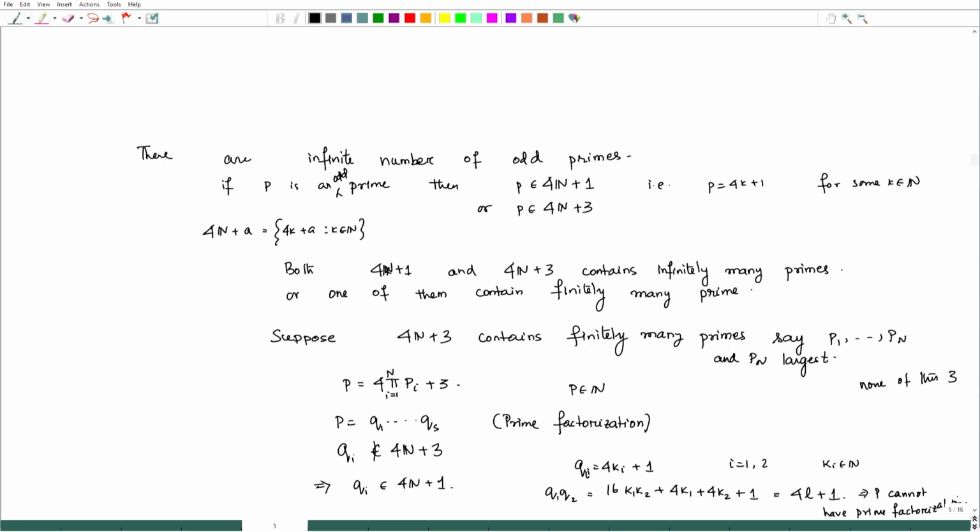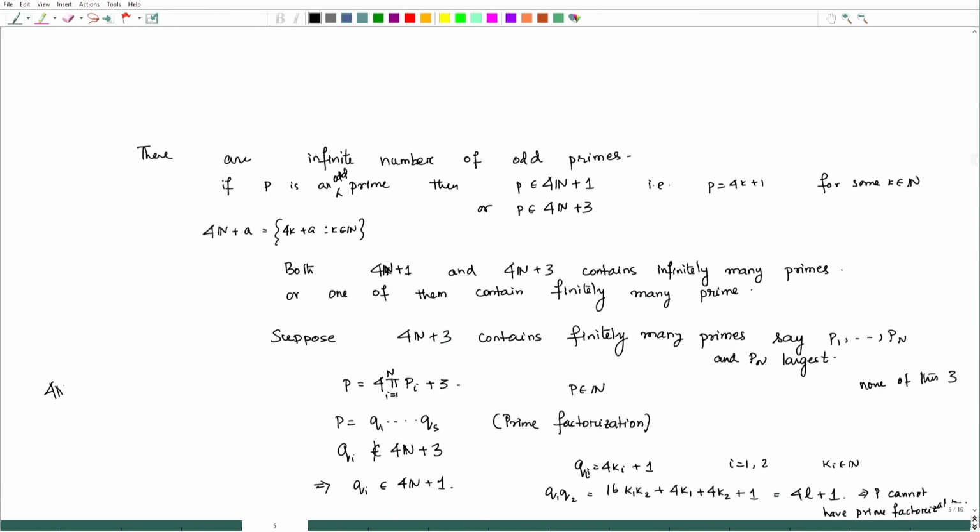Which is a contradiction to the fundamental theorem of arithmetic. So, this is a contradiction to the fact that we have assumed that 4n plus 3 contains finitely many primes. So, this implies 4n plus 3 contains infinitely many primes.